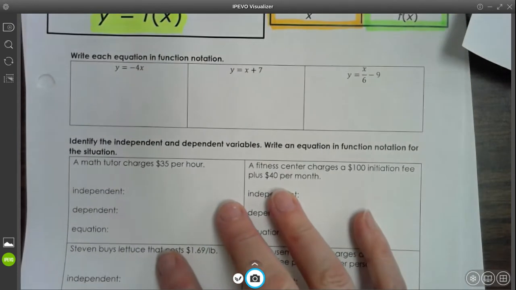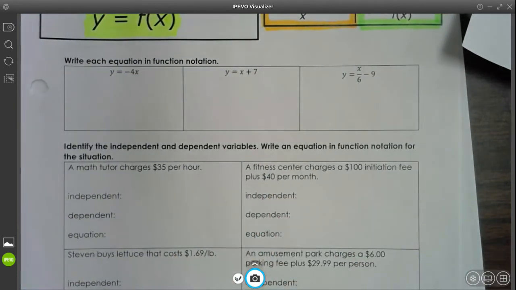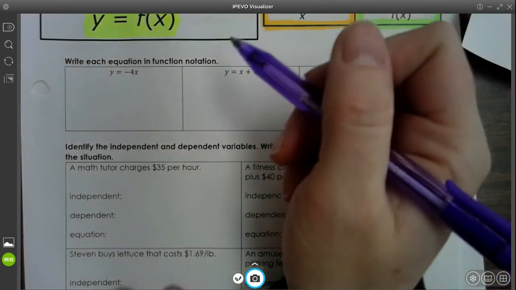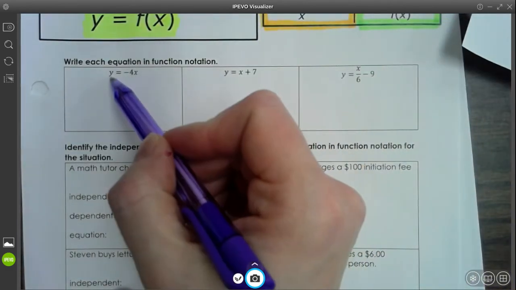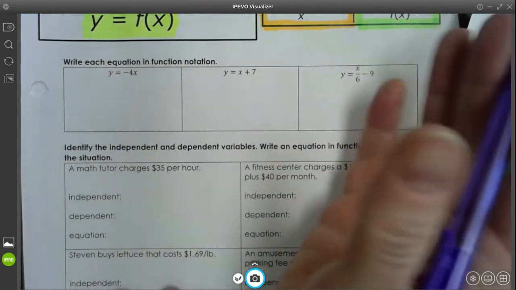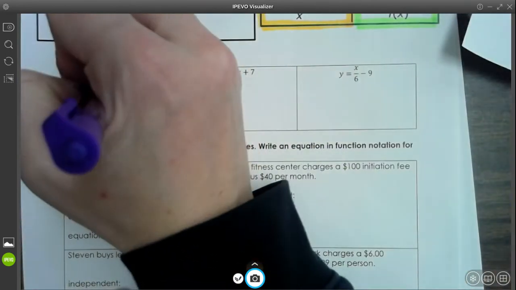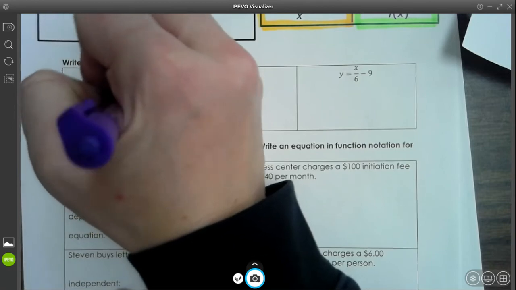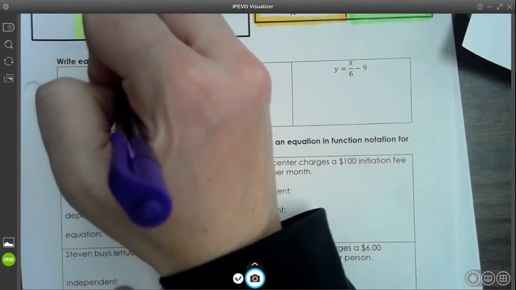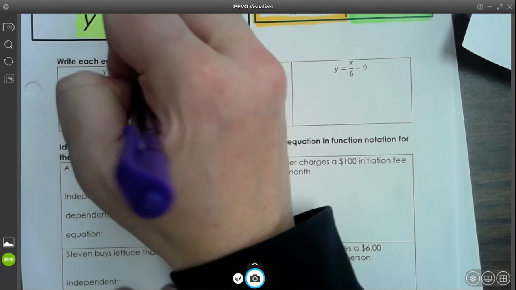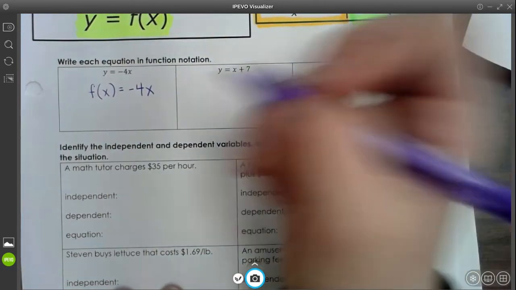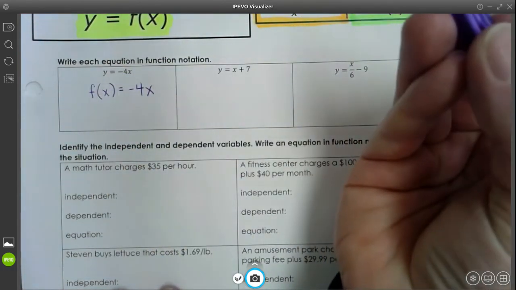Okay. It says write each equation in function notation. All we have to do, you guys, is replace the y with f of x. That's it. So in place of y, we're going to call this the function in terms of x because x is the variable we're dealing with on the other side of the equation. So again, we're just replacing the y with f of x.